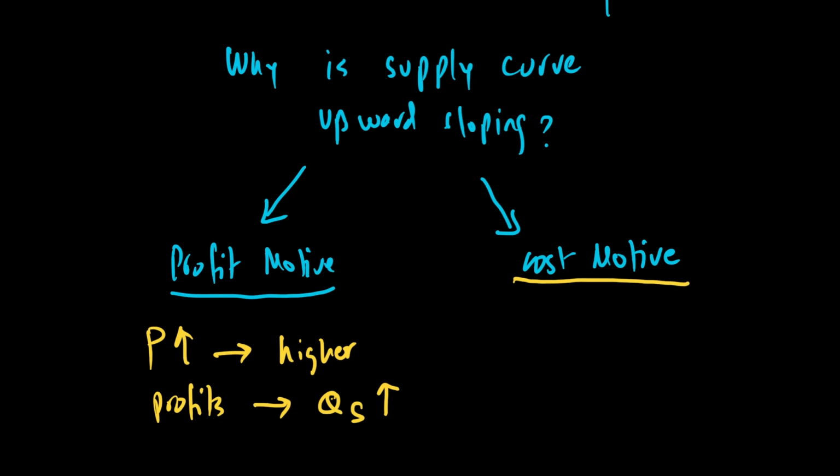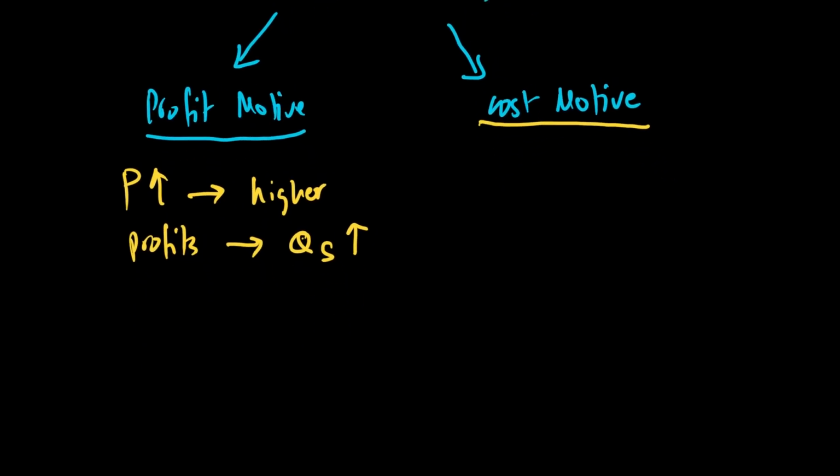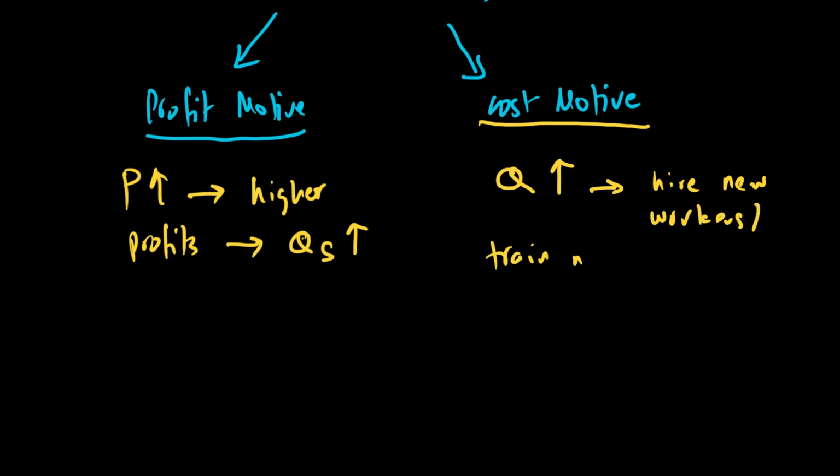The cost motive simply says this, that sometimes when firms are looking to expand output or trying to produce more, in the short run they might find it difficult to do so. Why? Because in the short run, in order to quickly increase output, they may need to hire new workers, or they may need to train new workers, or sometimes they may need to buy inputs very quickly to expand output.